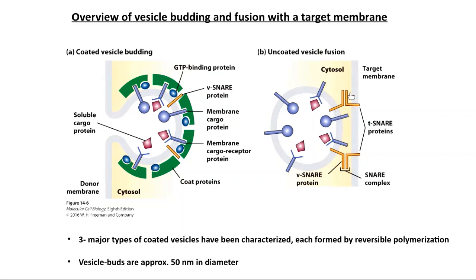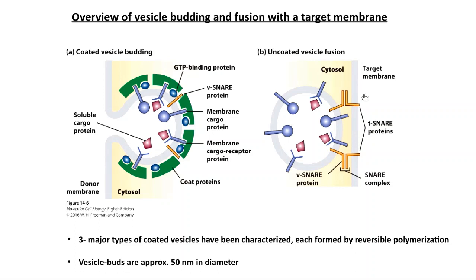Only when the coat protein gets shed or depolymerized can this independent vesicle go near the target membrane, and then V snares will recognize similar target snare proteins, also known as T snare. They couple together, they basically coil together and form a coiled coil alpha helix structure, which we'll discuss. And then this vesicle is pulled towards the target membrane.